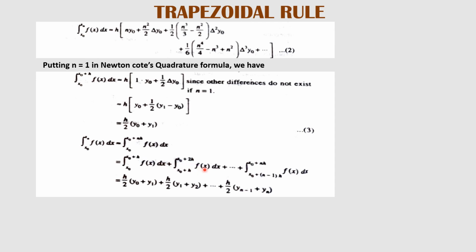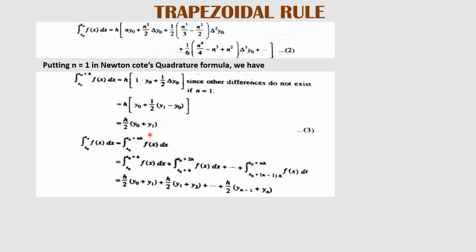Similarly, you can repeat this up to n times. Therefore, the last integral will be integral x naught plus n minus 1 into h up to x naught plus nh f of x dx. So finally, when you add all these terms, you will be getting integral x naught to x naught plus nh, which will be the original integral.